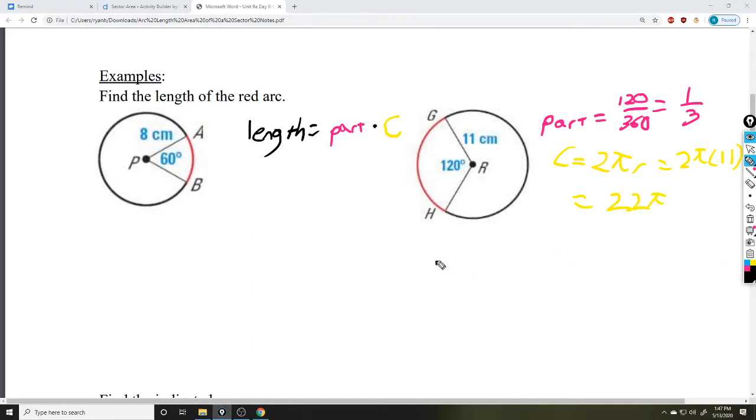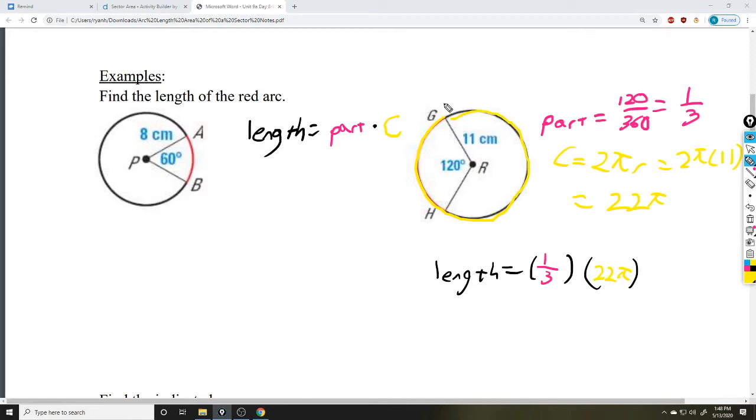So to find the arc length, we're going to go part of the circumference. So our part was 1/3 of the total circumference. Remember, that circumference would be going all the way around the circle. So 22 pi is this length. It's probably my best tracing I've done with one of those circles.